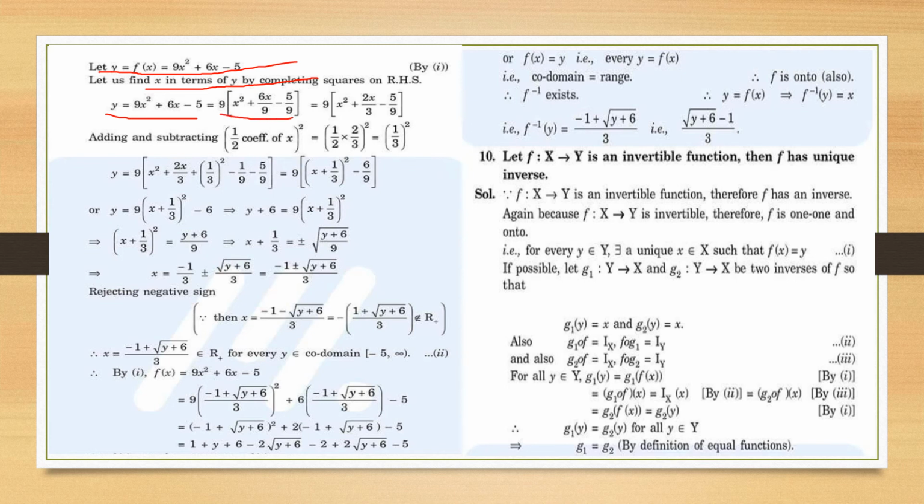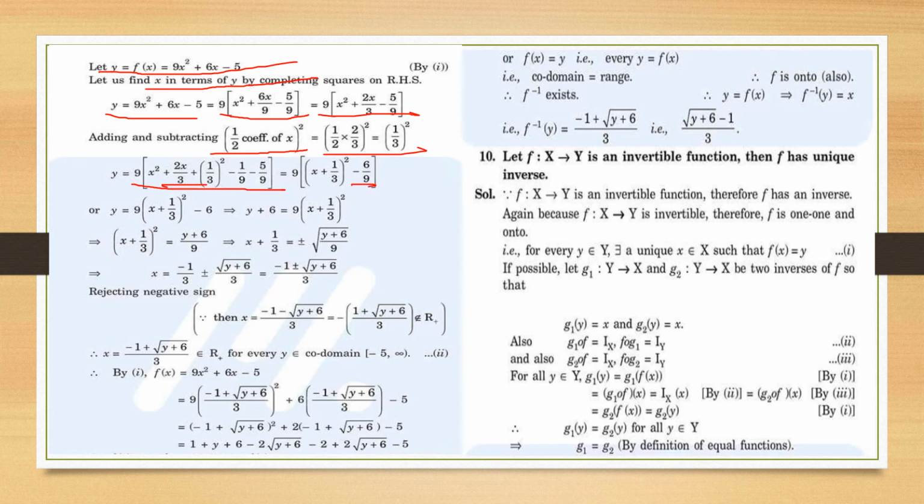So this will become like this. Okay, reduce this, it becomes 3 twos are 6, 3 threes are 9. Now adding and subtracting half of coefficient of x whole square, right? So half of coefficient of x is 1 by 3, so 1 by 3 whole square. So I'll add and subtract 1 by 3 whole square, which is 1 by 9. So this turns to x plus 1 by 3 whole square minus 6 by 9.